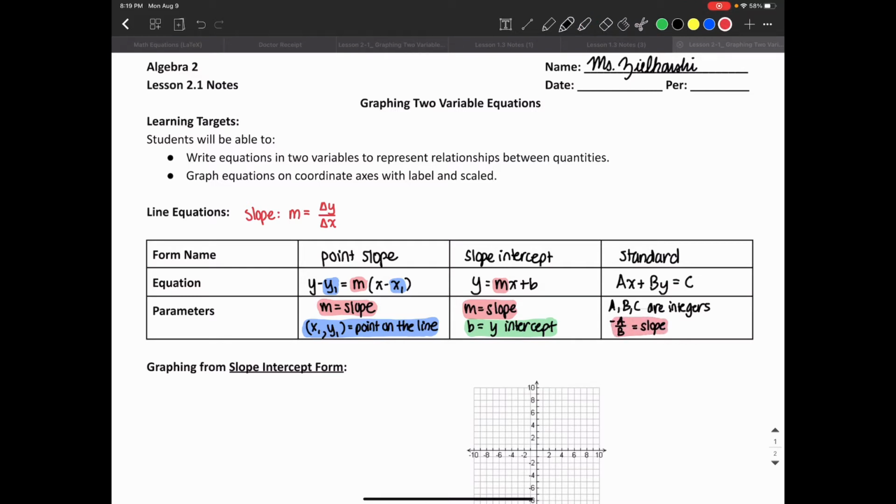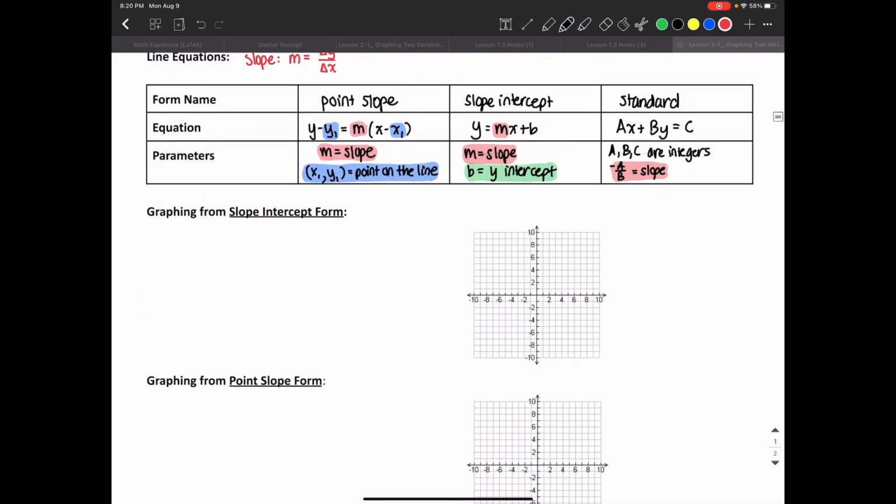All right, so let's do an example of graphing from slope-intercept form. For example, maybe I have the equation y is equal to negative 1/2 x plus 3. That means that the coefficient for x tells me the slope. So I know that the slope, or m, is negative 1/2.